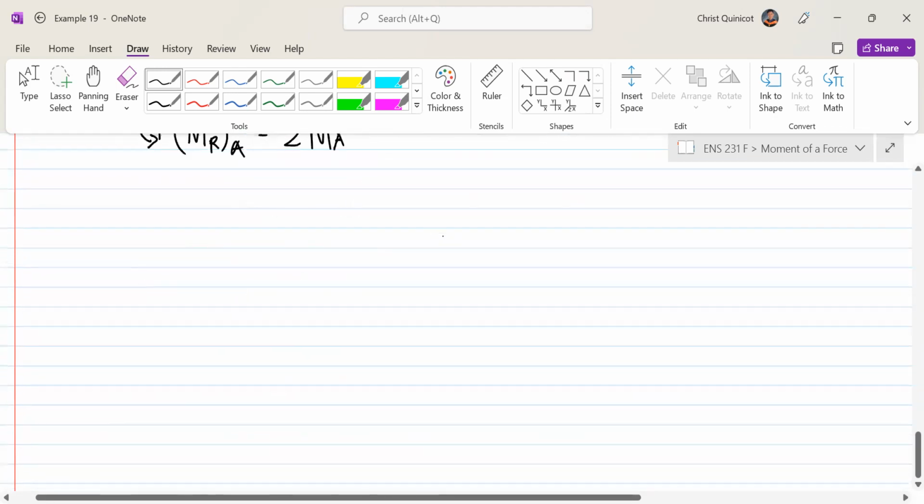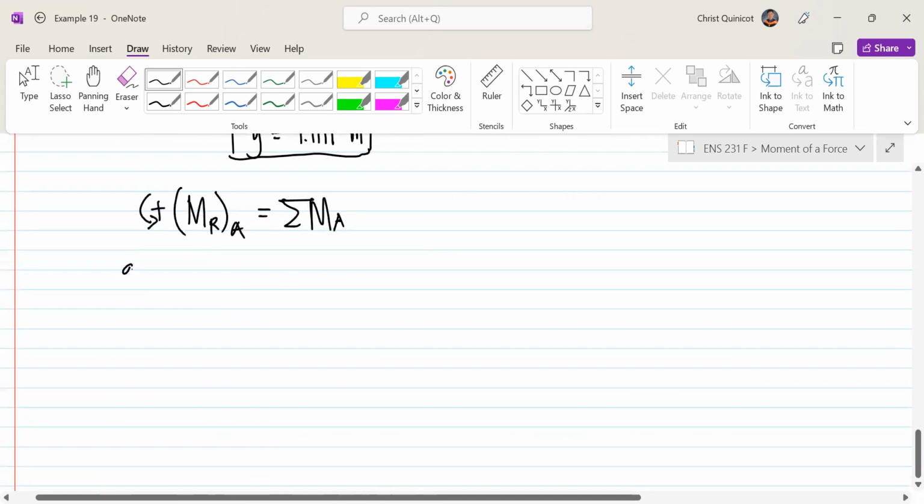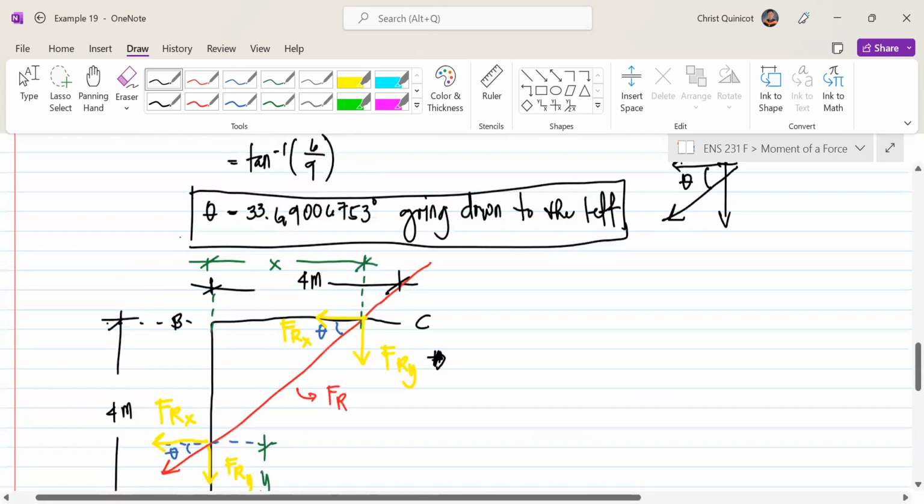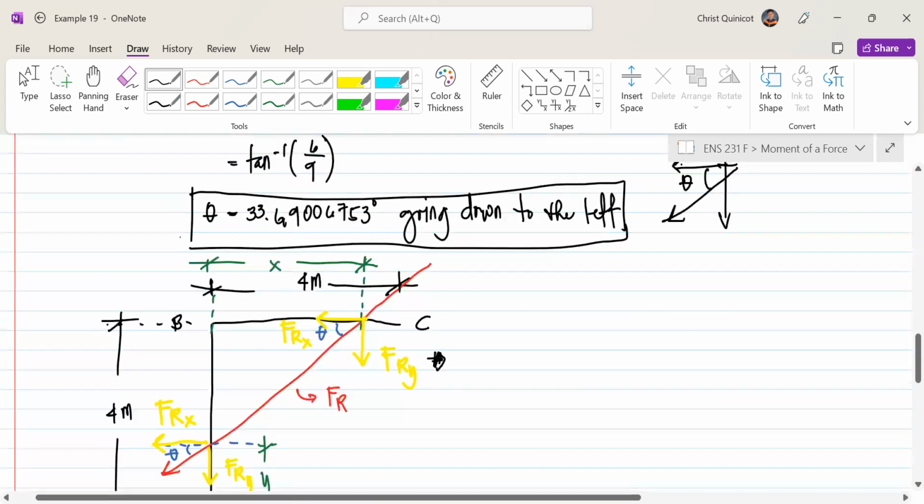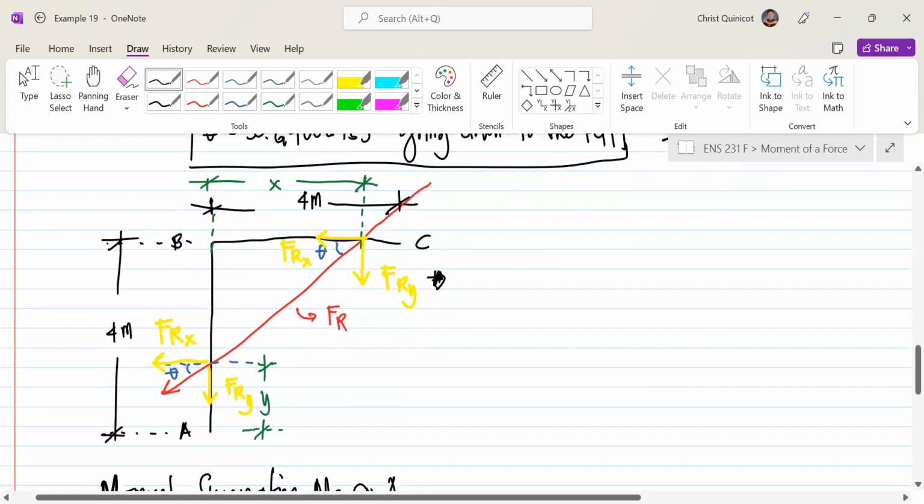So 9 times 4. Assuming counterclockwise positive, F sub Rx is counterclockwise, while F sub Ry is clockwise.